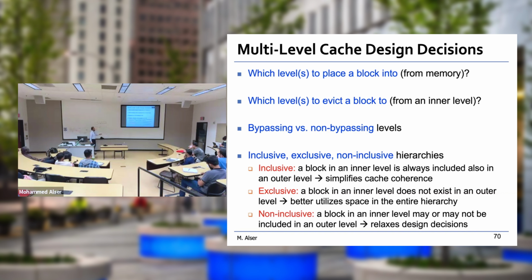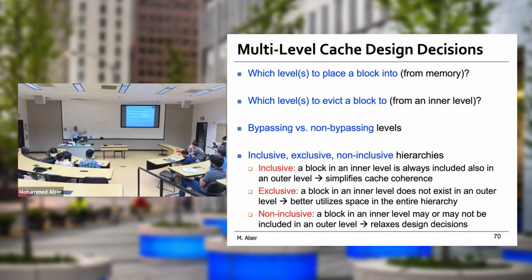The other one, inclusive. You remember the levels of caches? Inclusive means whenever I move one block from DRAM to level 3 and then to level 2, it's already contained in level 3. All the data in here already exists in there. All the data in here already exists in here and also in here.